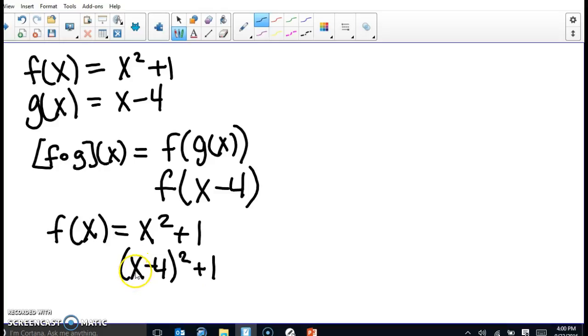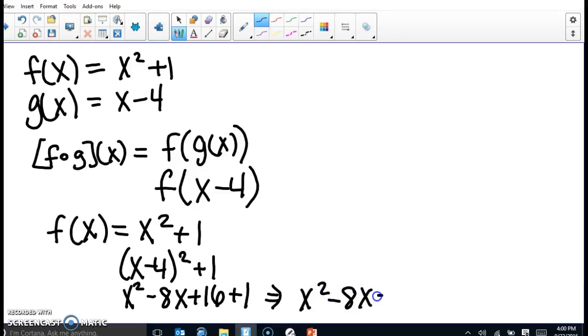So we have to FOIL this out. And that gives me x squared minus 8x plus 16 plus 1, simplifying that to x squared minus 8x plus 17. So f of g of x is equal to x squared minus 8x plus 17.